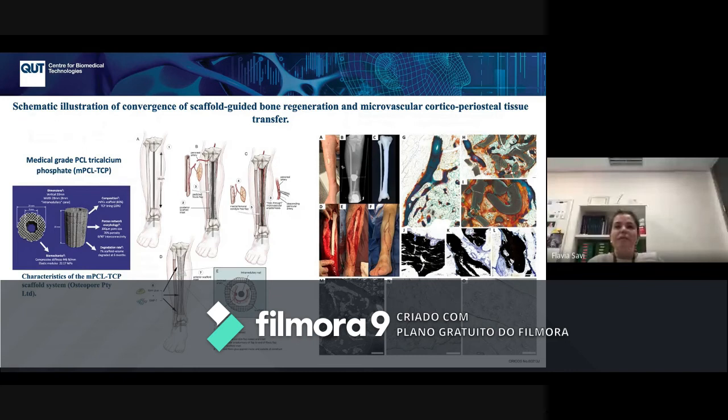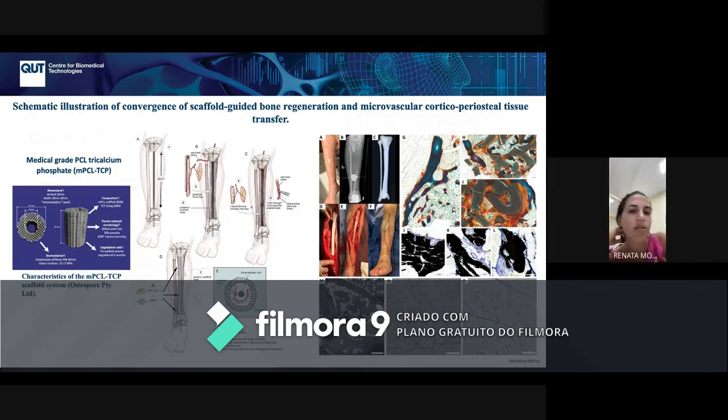And I think Renata would like to ask something. Once you have a bacterial infection with biofilm, how can you take the scaffold off?